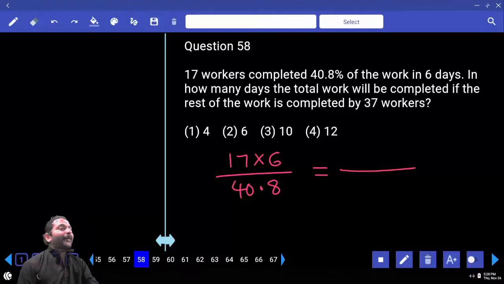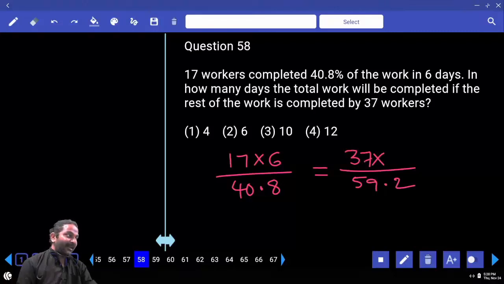If 40.8% of the work is already completed, how much is remaining? 59.2% of the work is remaining. To complete this remaining work, 37 persons started working, and they will be working for X number of days, let us assume. X is not our final answer.